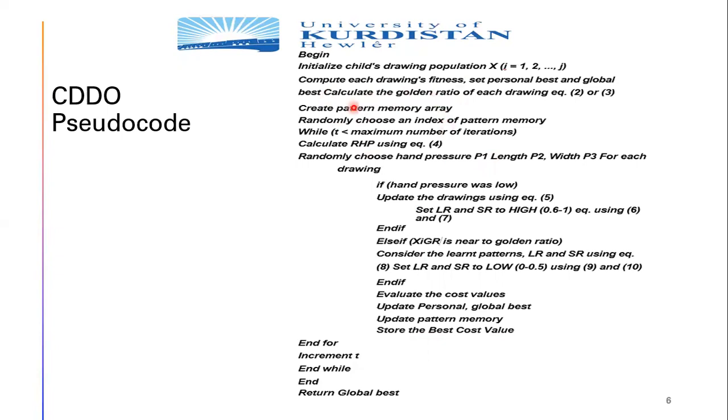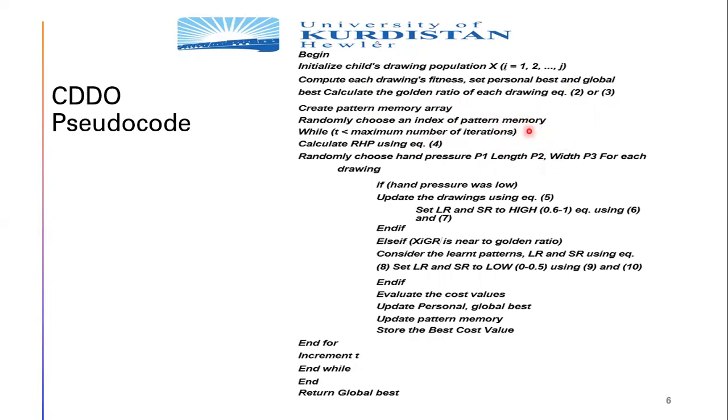So this is the pseudocode. You initialize the child drawing. So each drawing is a solution, and we initialize all the parameters and golden ratio here. We use either equation 2 or 3. We come to them momentarily. And then randomly choose an index of pattern memory.